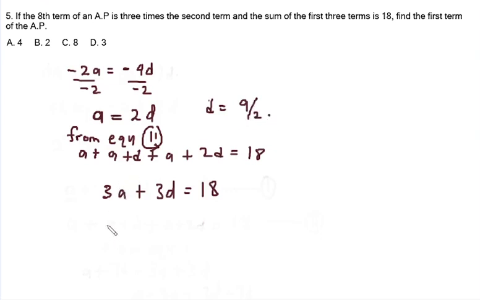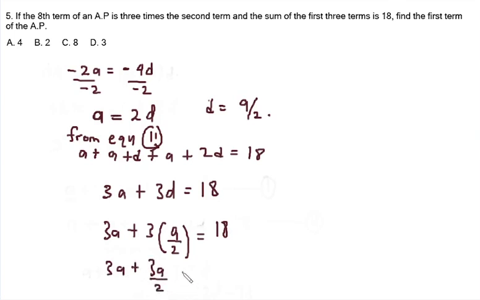Okay, so we know that 3a plus, I'm going to be replacing d with a over 2 here. So this is 3 open bracket a over 2, is equal to 18. So 3a plus 3a over 2 is equal to 18. Let's move the analysis over to this side.